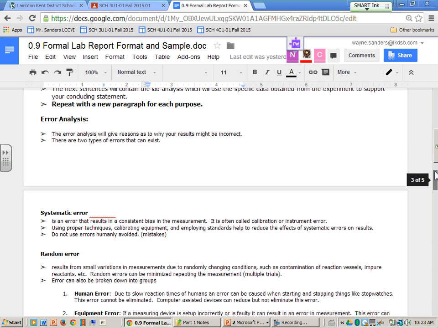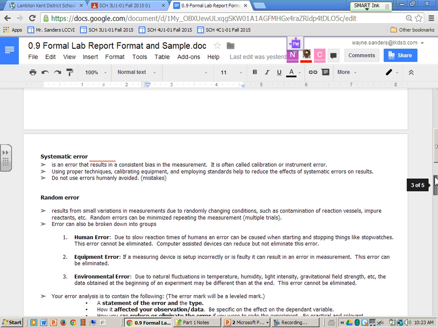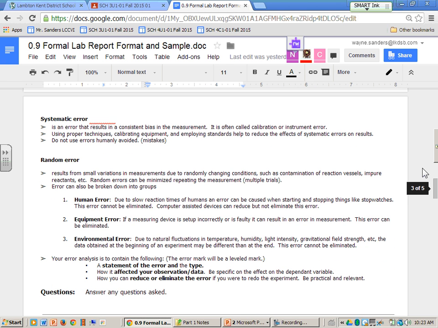So the error analysis gives reasons as to why your result might be incorrect. There are two types of errors that can exist: systematic error and random error. So systematic error is an error that results in a consistent bias in the measurement. That means it's always off by the same amount. I'll talk about that in a moment in more detail.